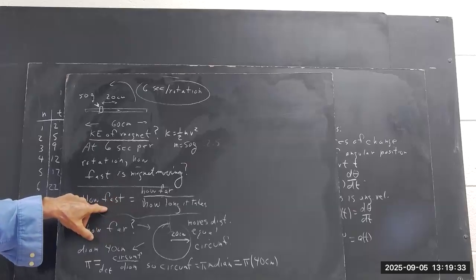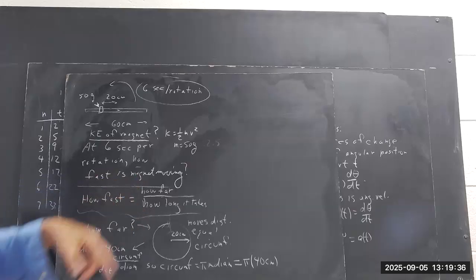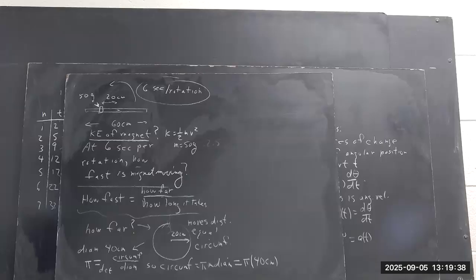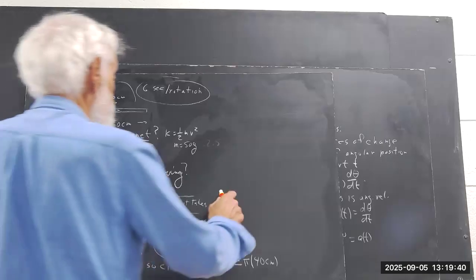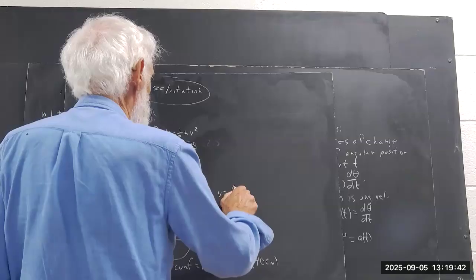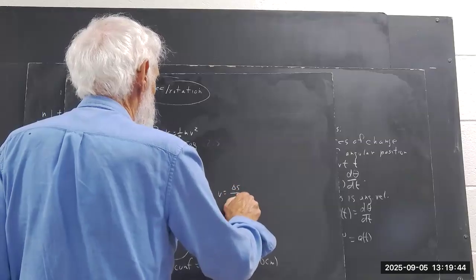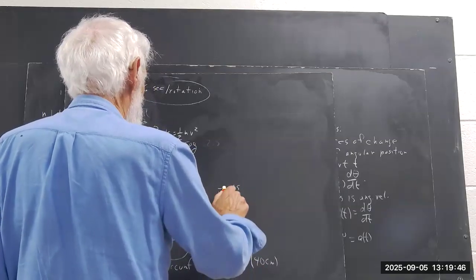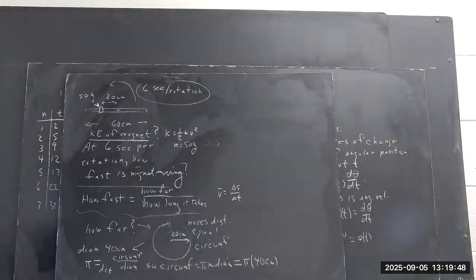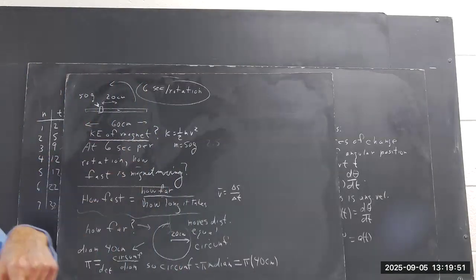Didn't see anybody write out anything like how fast equals how far over how long it takes. And you could write that as a formula, V equals delta S over delta T. It's actually a V bar, okay? It's the average velocity. But we're assuming that the velocity stays pretty much constant for that one revolution.